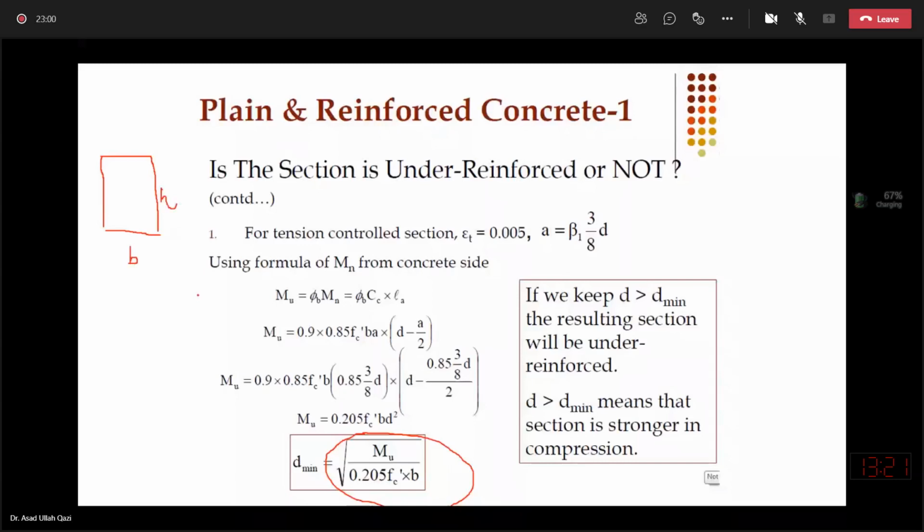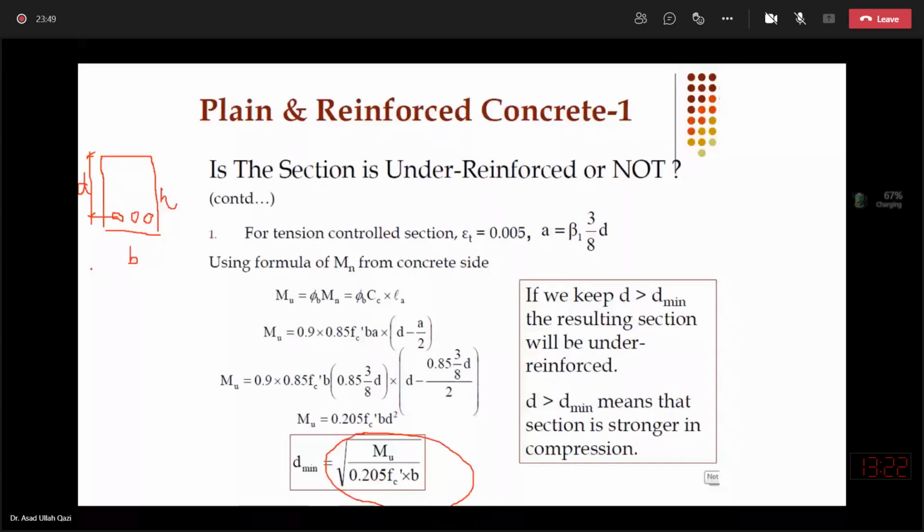And on this slide, we are providing you one very small derivation to determine the effective depth of the cross section, which will guarantee you that the section you are going to design will result into tension controlled, under reinforced. So a minimum effective depth you will get from this simple derivation. And for a design problem, to fix the cross section, you will use this equation.